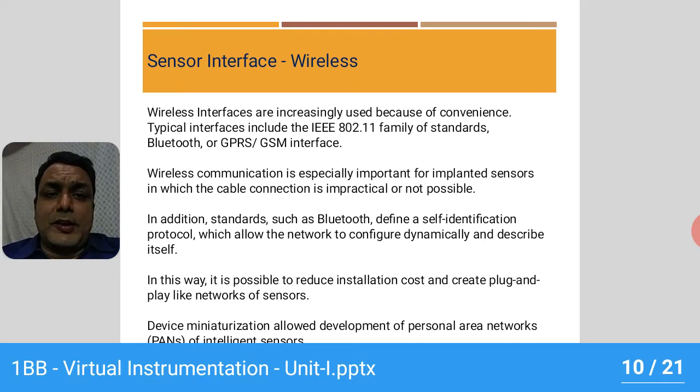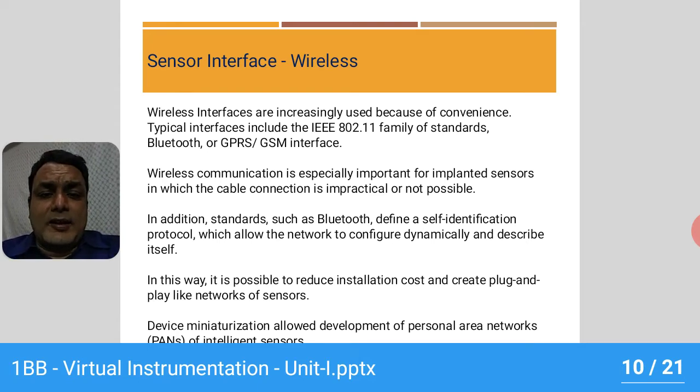Typical interfaces include the IEEE 802.11 family of standards, Bluetooth, GSM interfaces, and other types. Wireless communication is especially important for implanted sensors, in which a cable connection is impracticable or not feasible between the sensor interface and the processing module.